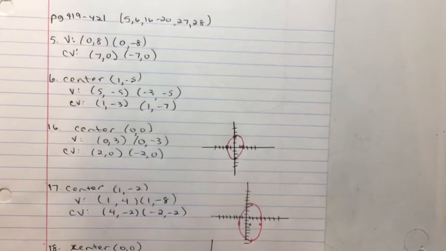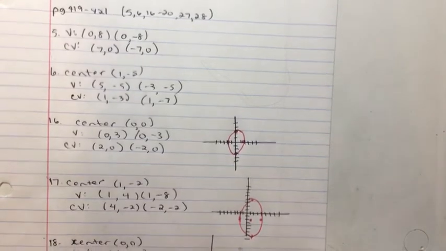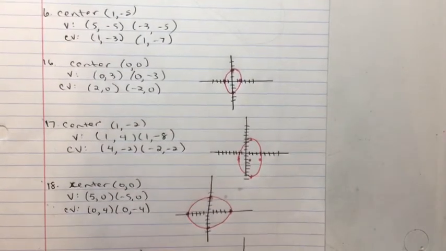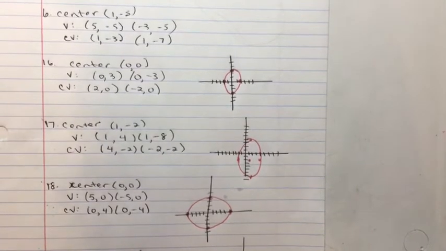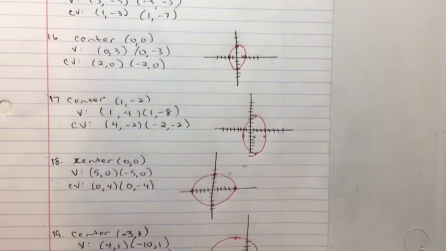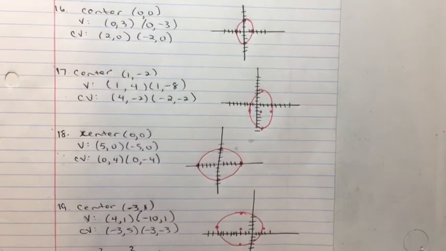Plot them and make your graph. 18, your center is at the origin again. Vertices and co-vertices. And 19, your center is at -3, 1. Vertices and co-vertices. And graph.